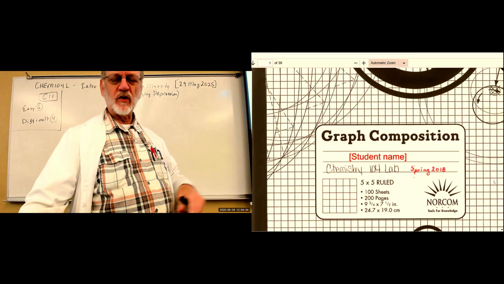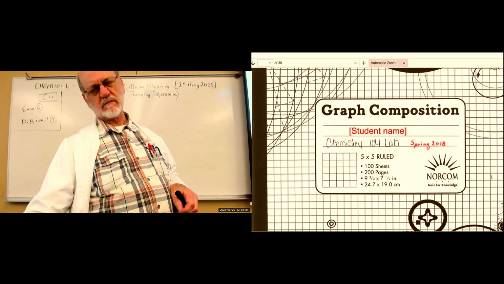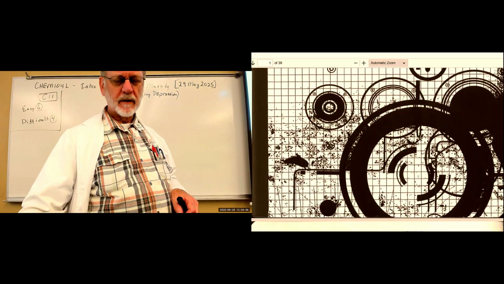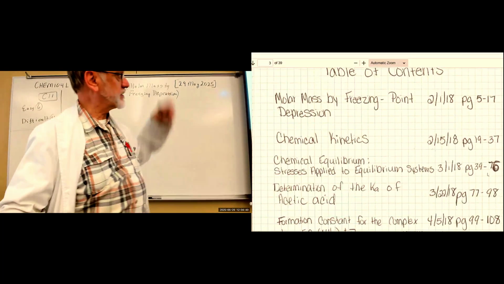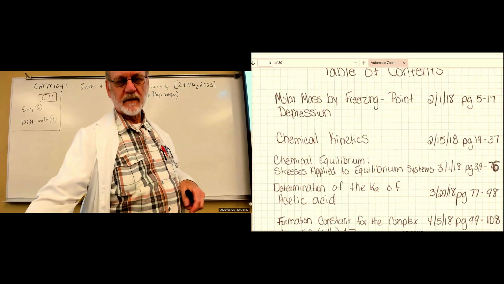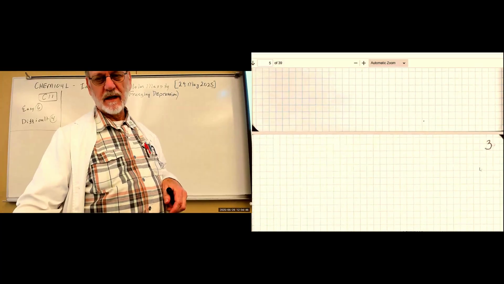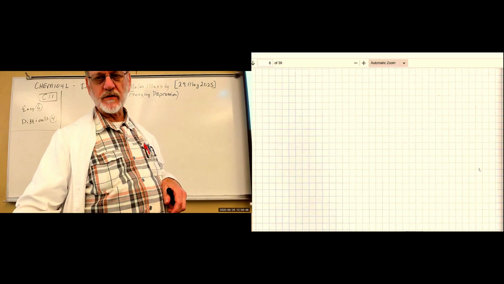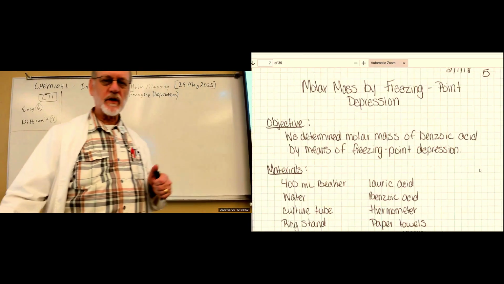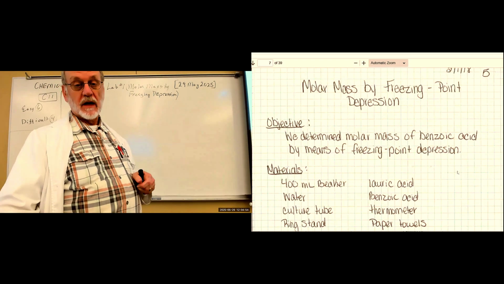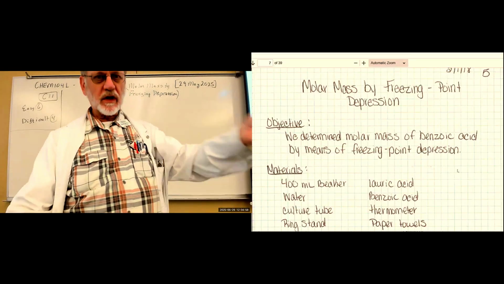This is an older lab notebook; these used to only cost like $1. Then there's your table of contents. It's set up correctly, and it's legible in ink. Then we skipped a few pages and started on the next odd page. There's the first one, molar mass by freezing point depression. You could look at this one and see whether yours looks like it.